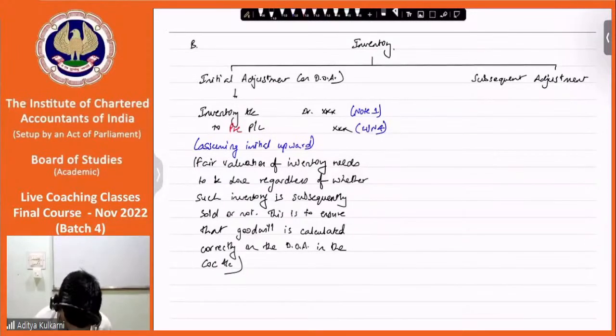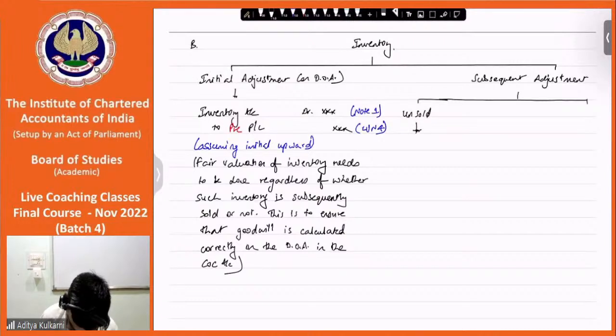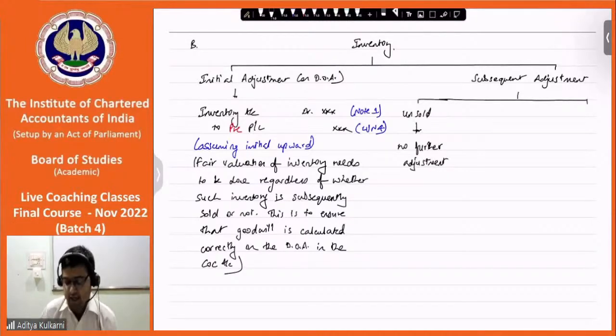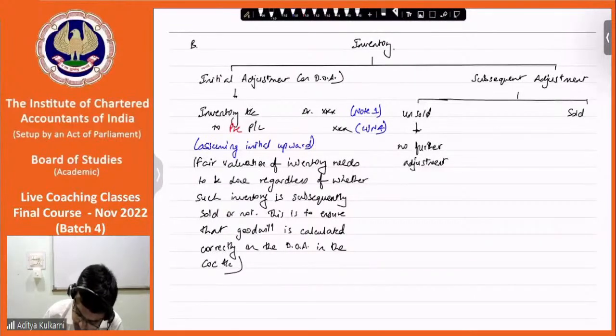Okay. Subsequent adjustment, two things could happen. Unsold. If it is unsold, no further adjustment. Just keep sitting on it until it is sold. Okay. If it is sold, then I will have to reverse through the post P&L.